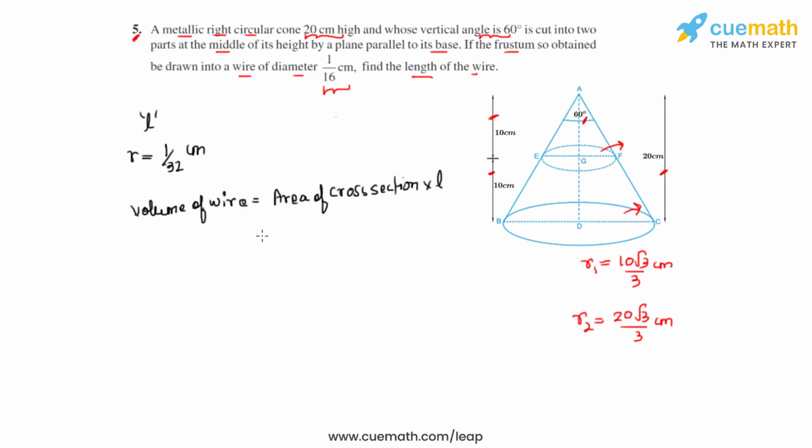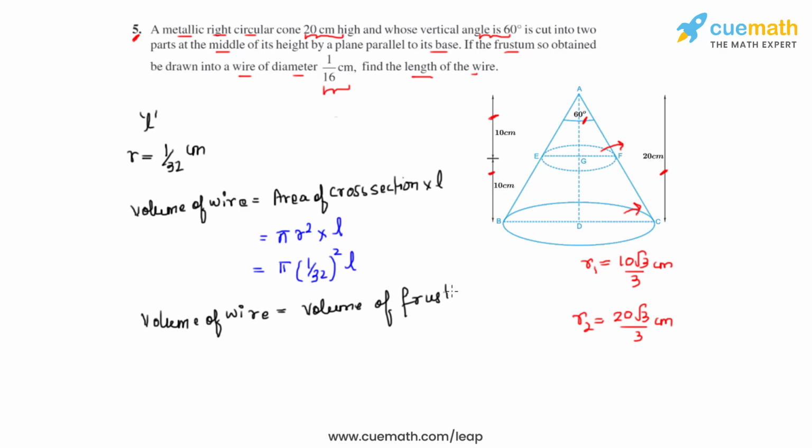The area of cross section is nothing but a circle. The area of a circle is found by the formula pi r square, and we write it times L. So let's substitute the values. We write it as pi times 1/32, the whole square, L. Now we can equate the two volumes, that is, the volume of wire equal to the volume of frustum, because that is what has been given in the question. The frustum was drawn into the wire.